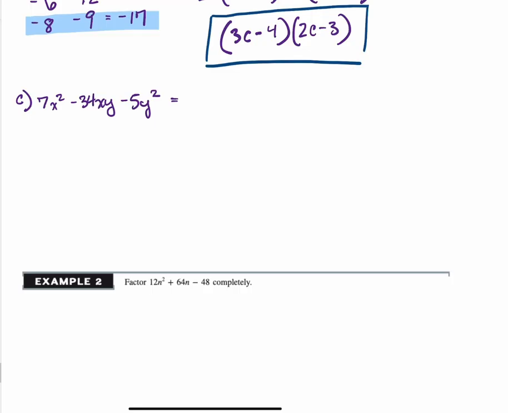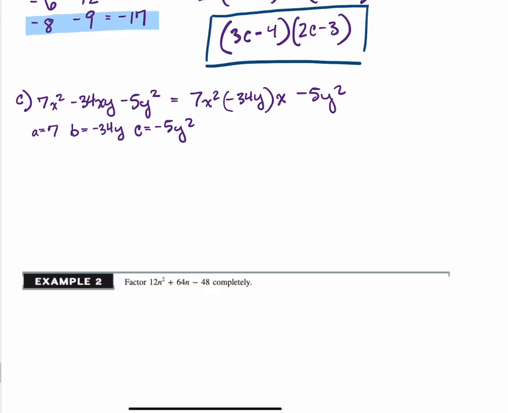So we can view this as 7x squared minus 34y, like that would be our b term, times x. And then our c term is this entire minus 5y squared. Let's write that out. Our a term is 7, the b term is negative 34y, and c is negative 5y squared.